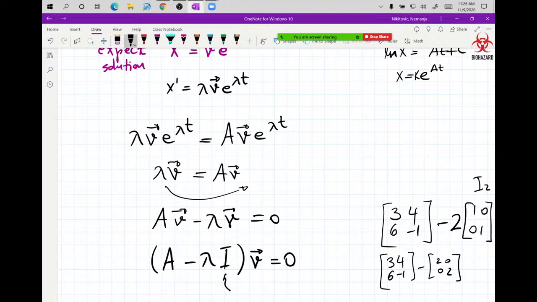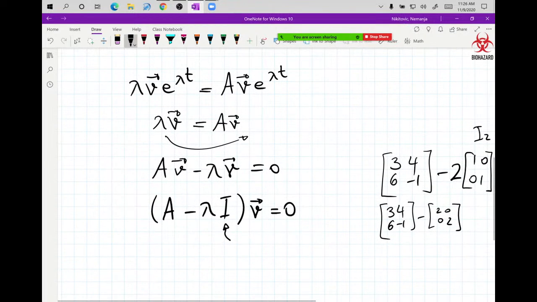So this I over here is the identity matrix, and it technically just brings the dimensions to this lambda so that lambda can be subtracted from A, and it creates this equation, which is the equation that we are going to use to solve the problem.